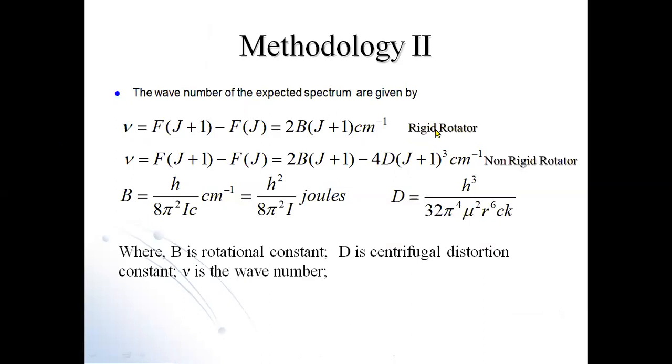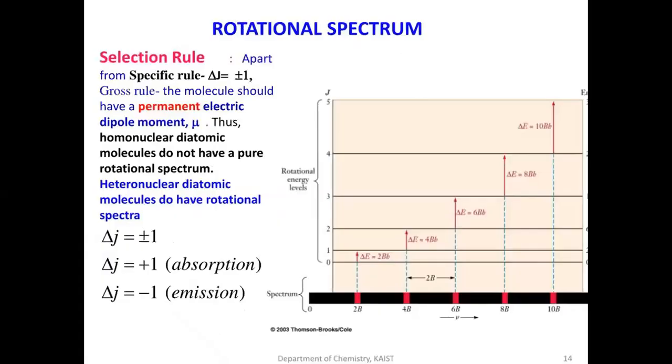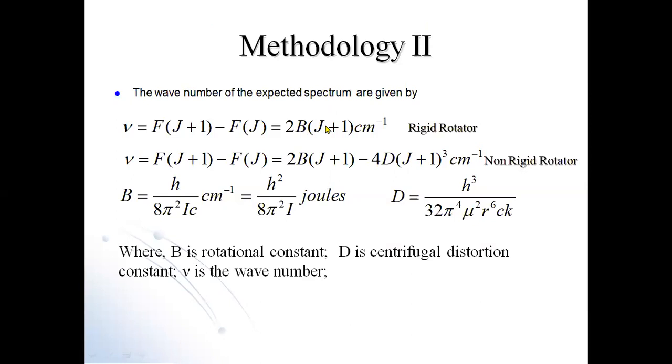My dear friends, you see there are two models which you have considered. The wave number of this line is given by this expression, 2B(J plus 1), where J is the quantum number of the lower rotational state. Suppose there is a transition from 0 to 1, then you have to take J equal to 0.